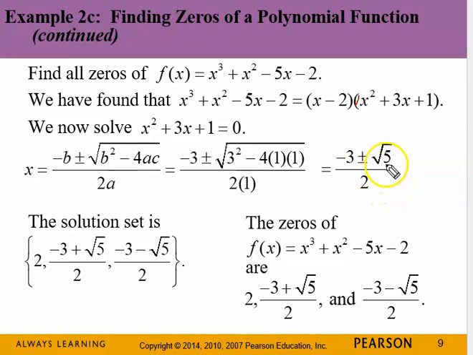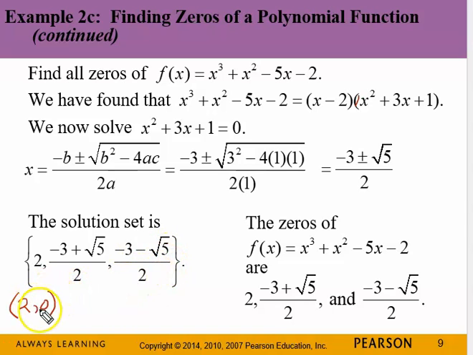So what does this tell us? Well, our solution set is the 2 that we knew, and then it goes through 0 at this, and goes through 0 at this. Now, remember, these are all ordered pairs. This is going to be (2, 0), and this is going to be this, 0 in parentheses.